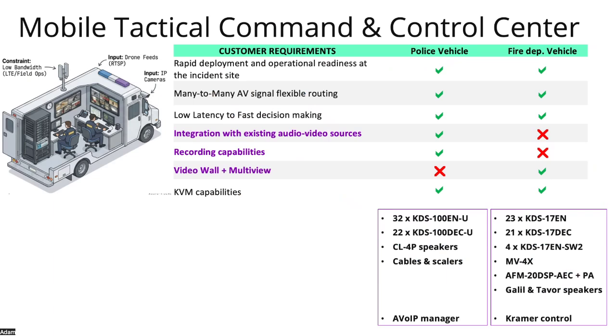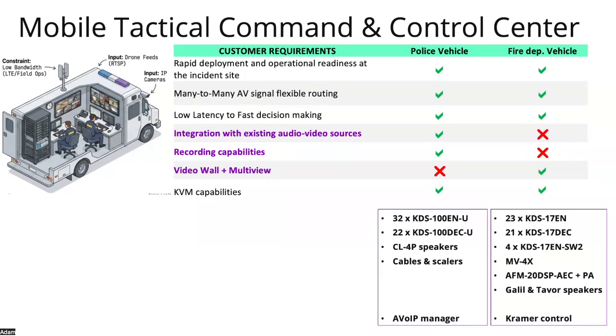The second implementation, or actually two implementations, is a mobile tactical command and control center. So first is the police vehicle we have here. And this one is interesting because here we actually implemented heavy compression codec H.264 solutions, so the KDS 100U version.